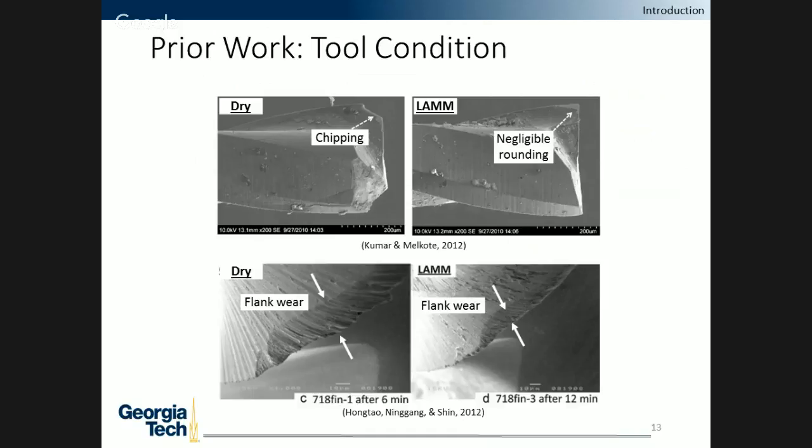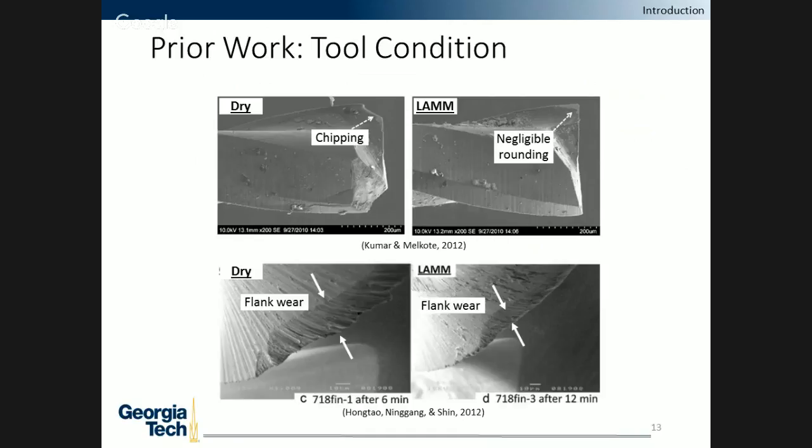Another example of prior work shows how laser assist, compared to dry, greatly improves the tool condition. As can be seen under the same cutting conditions, the tool chips here, and under laser-assisted conditions, the tool actually looks almost new, with some negligible rounding, if any.